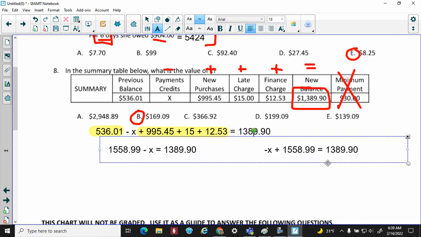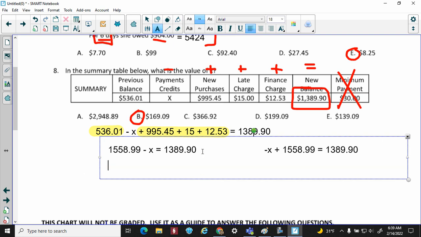Now, from here, very simply, you would solve by algebra, so I would subtract. So over here on the left-hand side, I would subtract 1558.99 from this here, and I would get negative x is equal to negative 169.09. And of course, if I subtracted 1,558.99, again, I would get negative x is equal to negative 169.09.